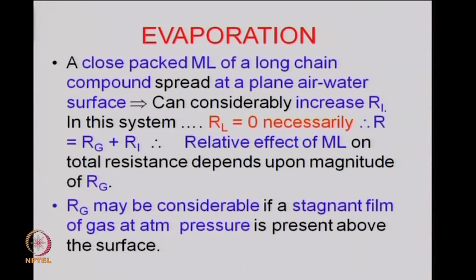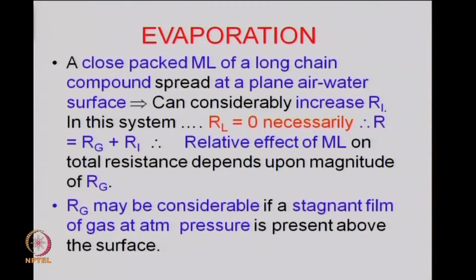In evaporation, even with the monolayer present, the bulk of the liquid is pure. So, RL is 0 here also necessarily. With or without the monolayer present, RL is 0.